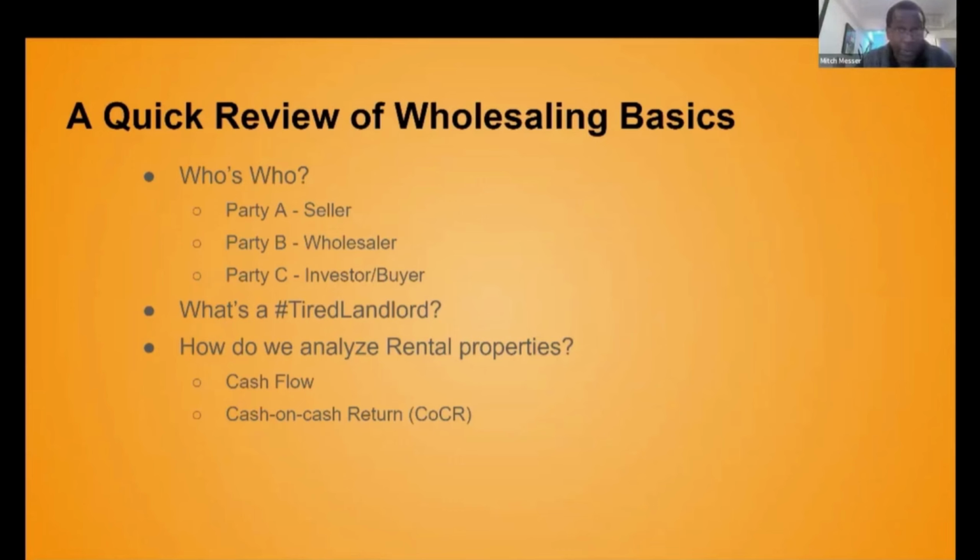And then cash on cash return is very simply a ratio of cash flow divided by all the cash that I had to invest into this deal to get that cash flow in year one. So it's the purchase price of the property, it's any closing costs that I incurred to close the transaction, and then any renovations that I had to do up front so that I could keep tenants in or put tenants in and so forth. So my all-in cash is purchase price plus closing costs plus renovations.